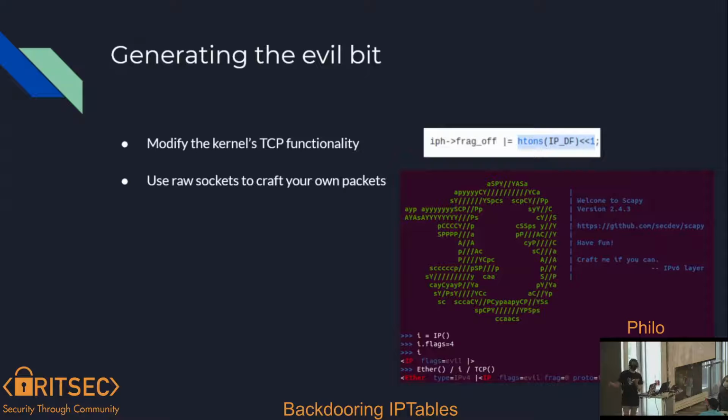So by adding one line that sets that bit, all TCP packets that get sent from that machine will have the evil bit set. Or of course, you can also use Scapy, a Python tool for building up packets. It's way easier than using the C libraries for raw sockets.